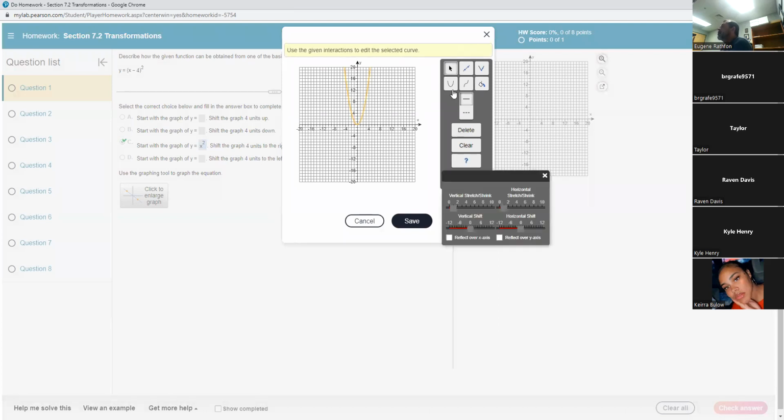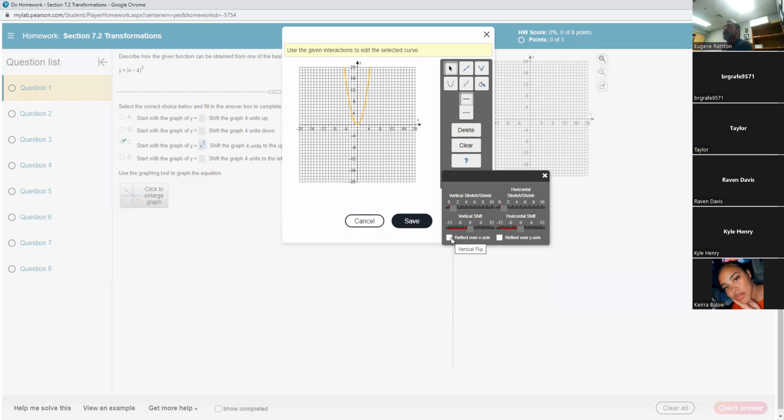It's going to put it in the center like the basic graph would look. But notice, it opened up a little box here. Now, we don't worry about the shrinking and stuff. We're worried about down here where it says vertical shift, horizontal shift. And if we reflect it over the x-axis, we got to check that box.